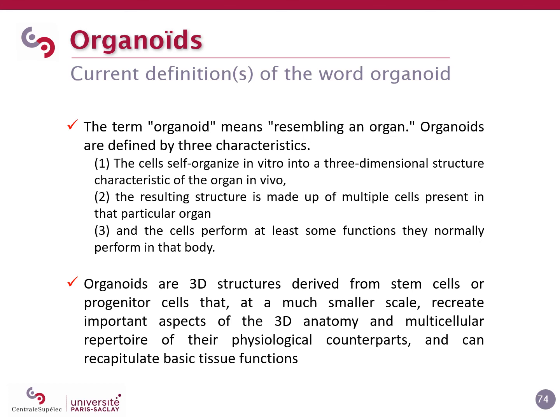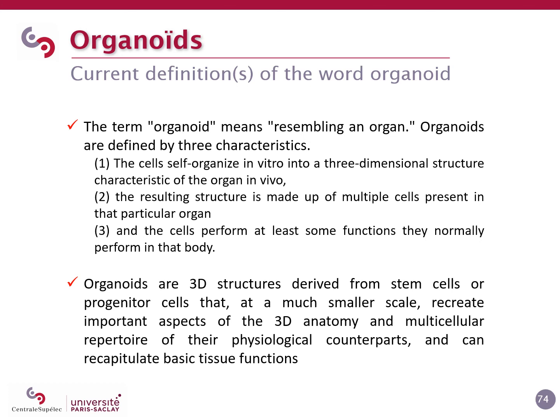Organoids are defined by 3 characteristics. The cells self-organize in vitro into a 3-dimensional structure characteristic of the organ in vivo. The resulting structure is made up of multiple cells present in that particular organ, and the cells perform at least some functions they normally perform in that organ.